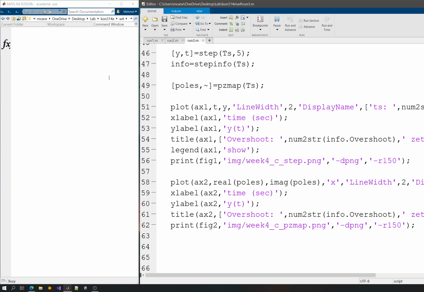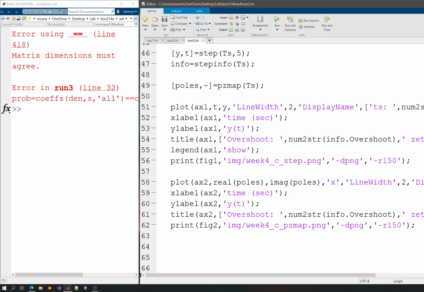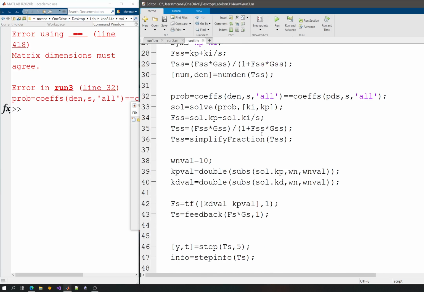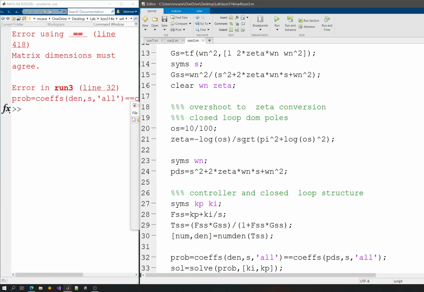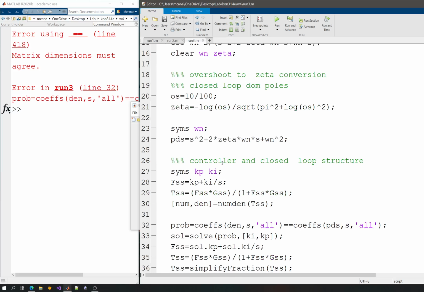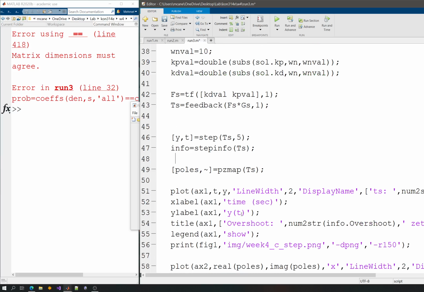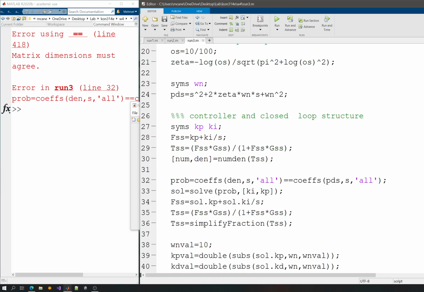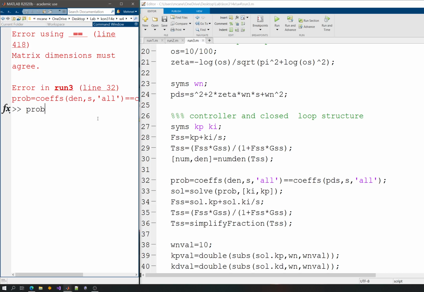Now, if I run it, hopefully I will get the result here. It takes quite some time. I guess we did change some stuff here. Let us quickly look at the problem that we've defined. Where was it? Here we have the problem, and we try to solve it.